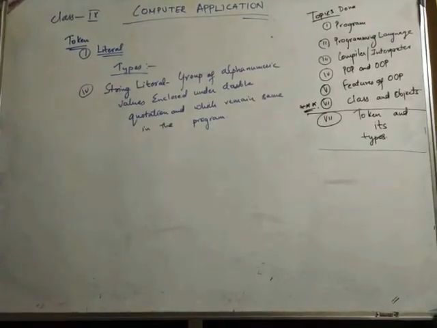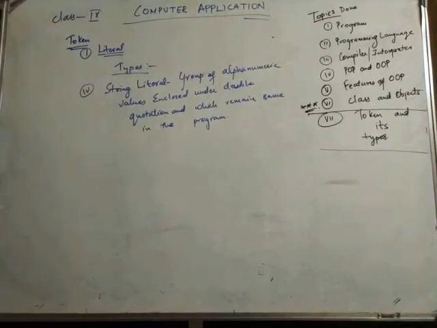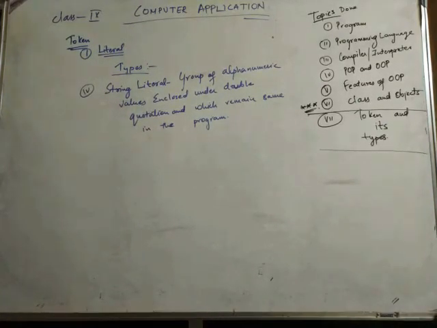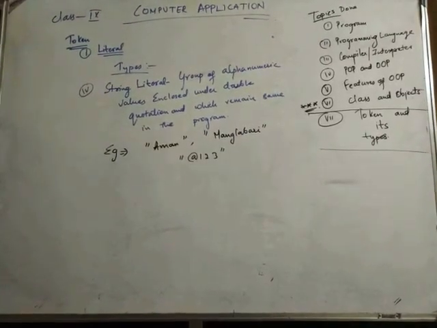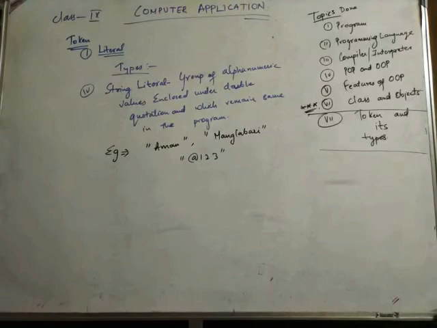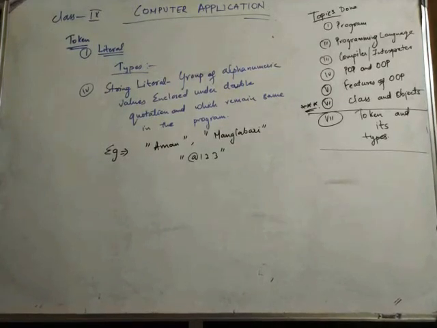You saw before there was a character literal. Now string literal means what? A group of alphanumeric values. Now we'll have more than one alphabet.